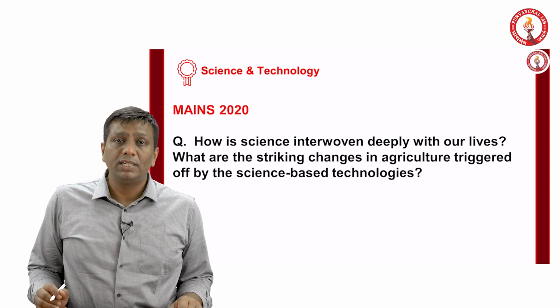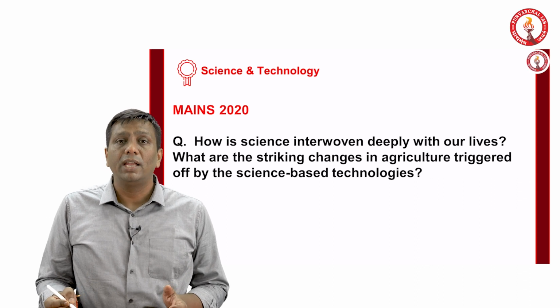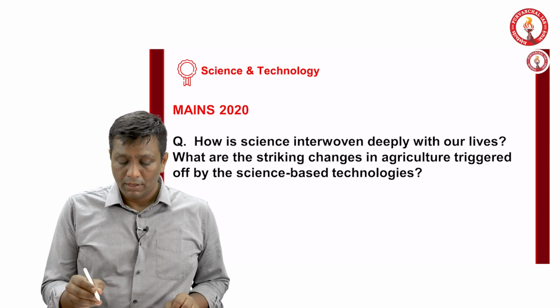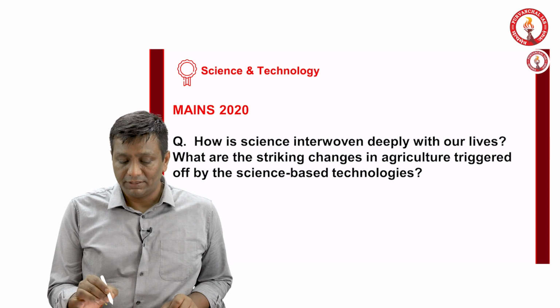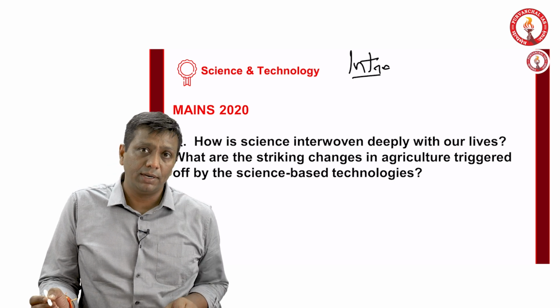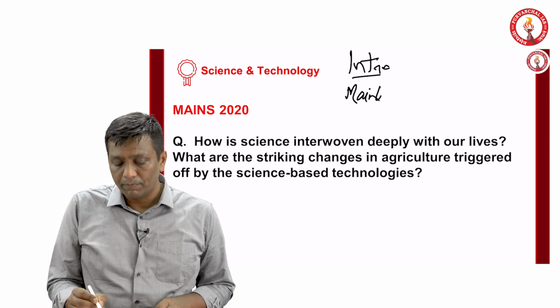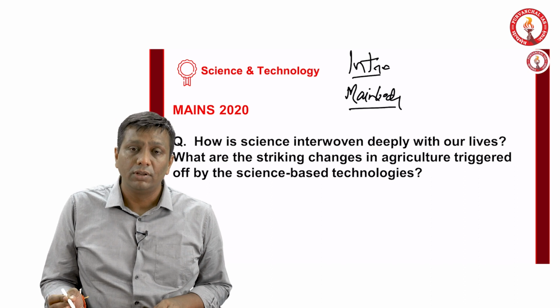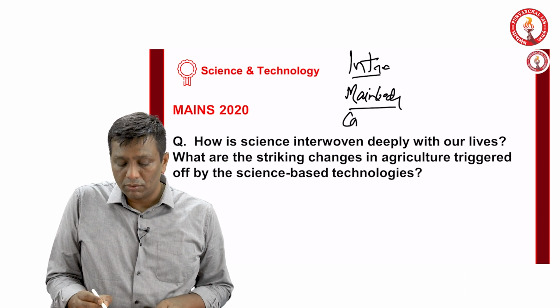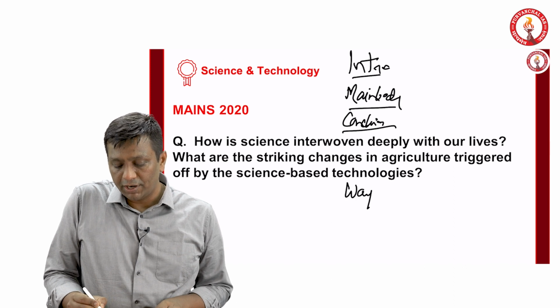One thing I'll tell all of you: whenever you are writing an answer, you should be very clear. First of all, you must start with the introduction part. After the introduction, you must go towards the main body, what actually the question is. Later on, you should go towards the conclusion, and then last is the way forward.